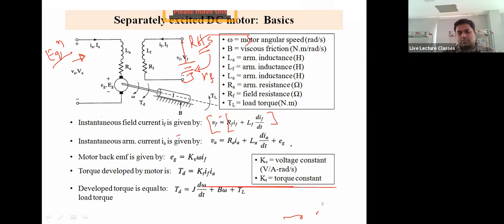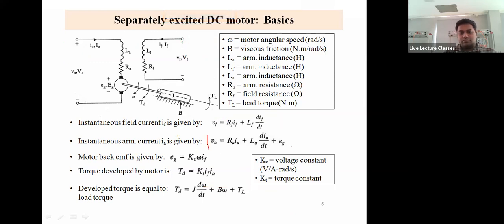So here they have used the term Eg instead of E back. So motor back EMF is given by E back equals kV omega IF. So what is kV? Actually it is E back equals k phi n, right? So what is phi?